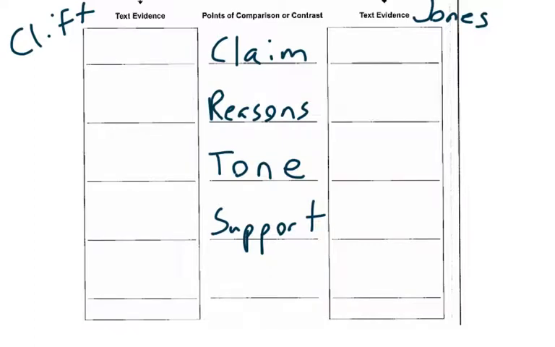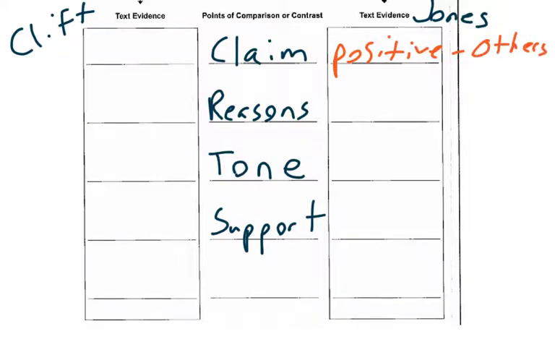So under their claim or their point of view, Clift is focusing on the author's frustration as a teacher. And then Jones is focusing on the positive experiences of others. So Jones is talking about the positive experience, but it's others' experience. It's not theirs.